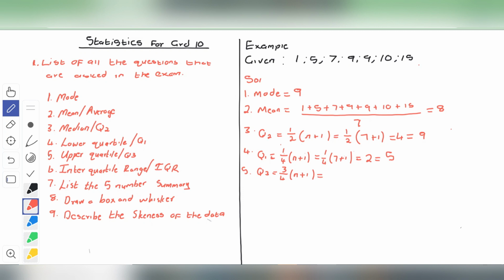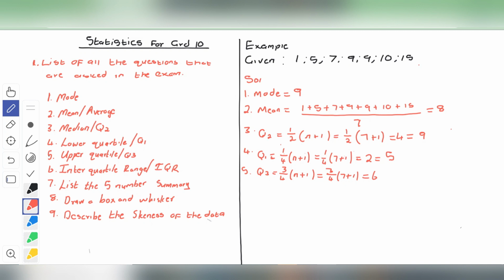So guys, you need to memorize these formulas, right? We know what n represents, therefore we're going to have 3 over 4 into 7 plus 1, and the answer is 6, right?